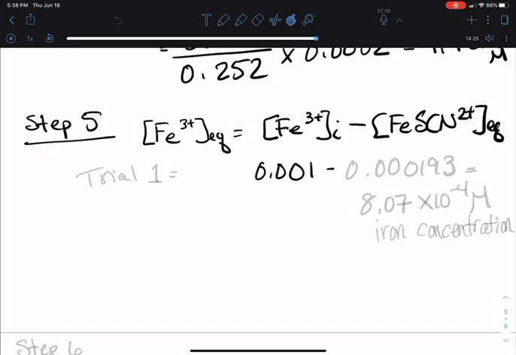So for trial 1, our iron at equilibrium concentration is equal to 0.001 minus 0.000193, and that equals 8.07 times 10 to the negative 4 for our iron concentration.